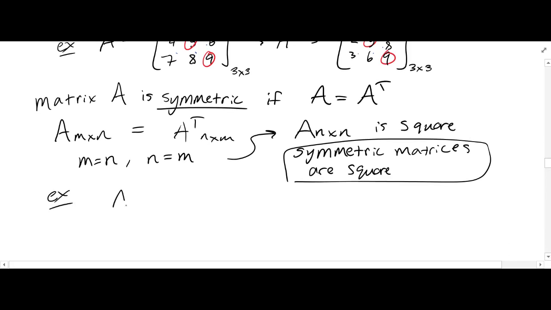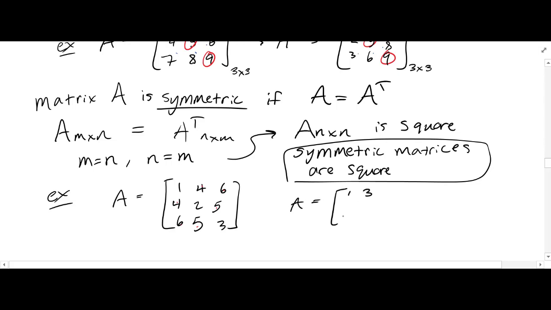So some examples of a symmetric matrix would be this thing. It's symmetric because these off-diagonal entries are just the same thing. If you reflect it across the diagonal, it doesn't change. So that's what a symmetric matrix looks like.